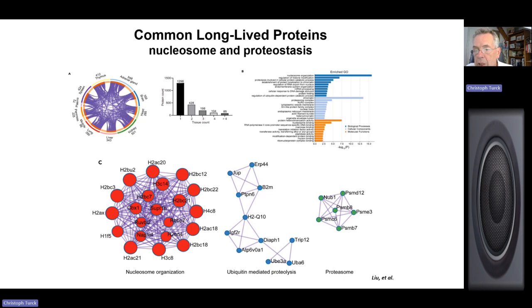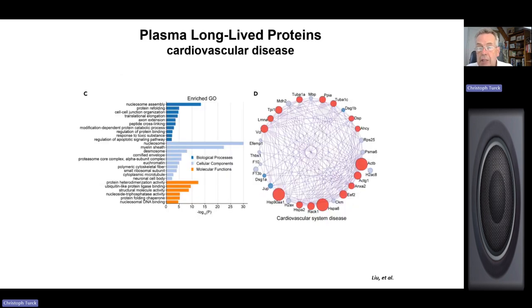They seem to be the top long-lived proteins that we identified. Many of them in the plasma turned out to be related to cardiovascular disease. This is the summary of this analysis, which of course might yield good candidates for this particular group of disorders.